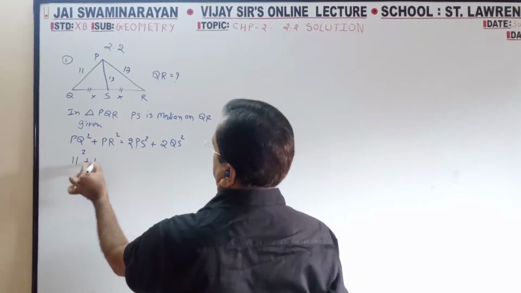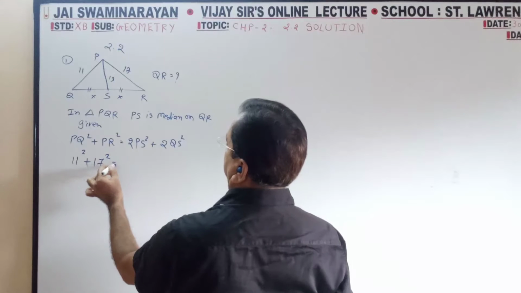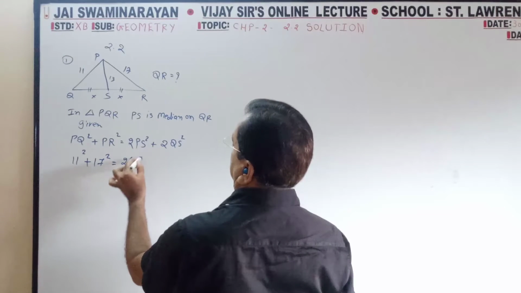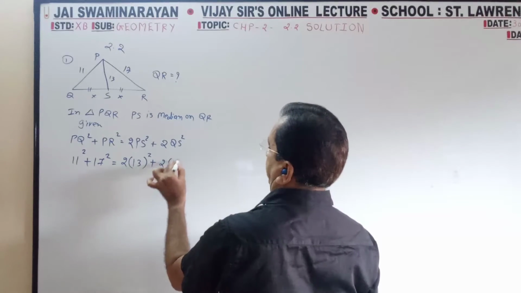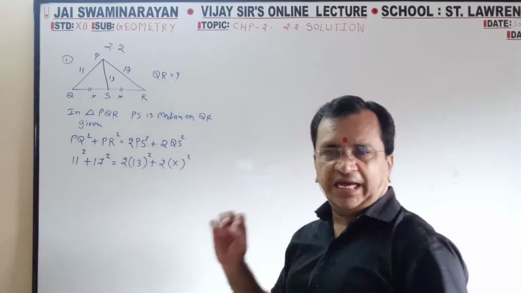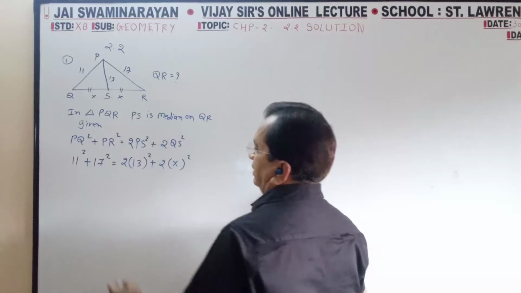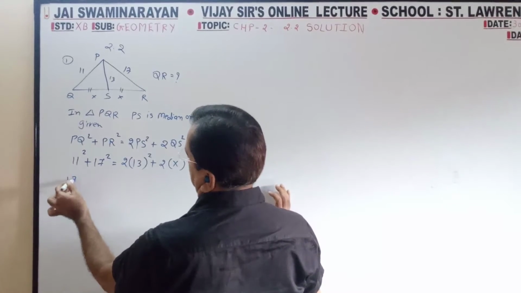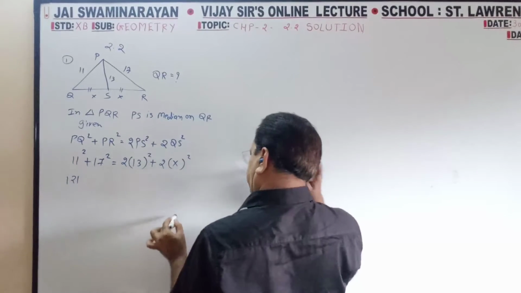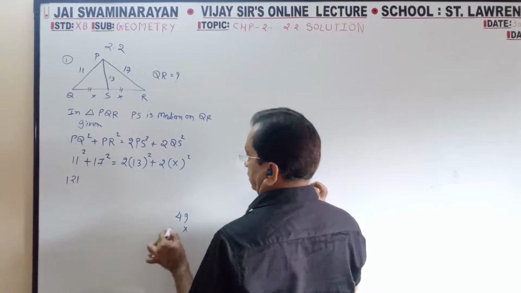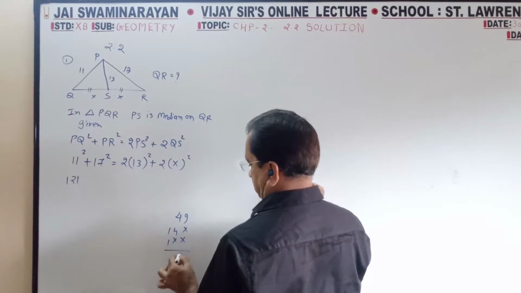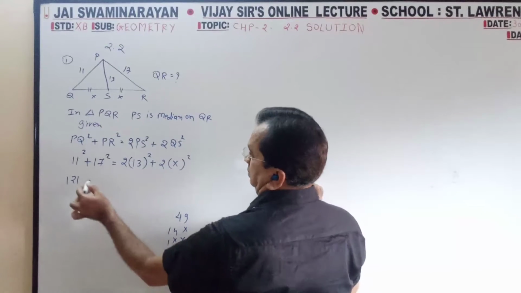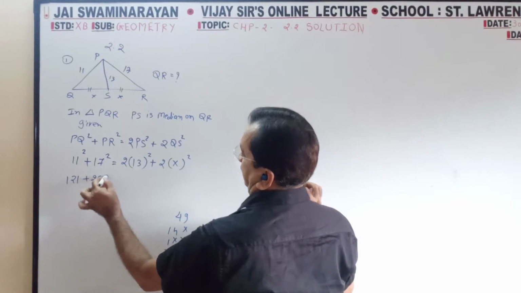11 square, 17 square, 13 square, 2x square. I have just substituted the numbers. 11 square is 121. 7 sevens are 49, cross this. 14 double cross. 289.